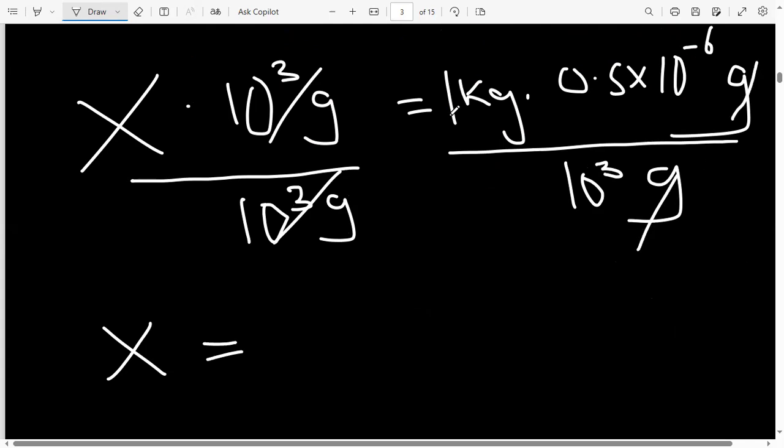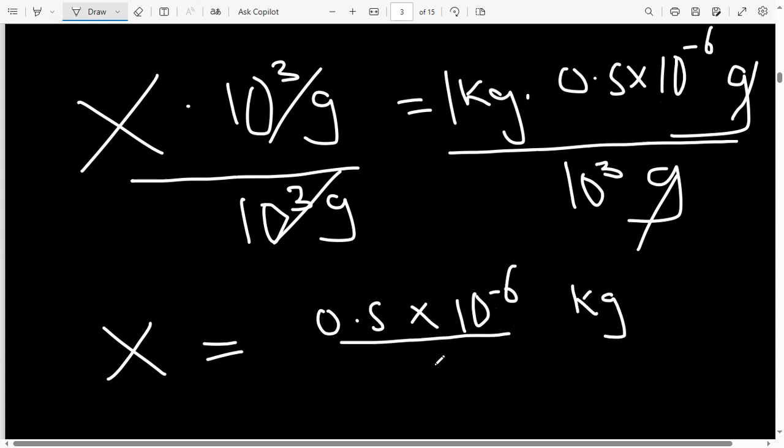And then I have 1 multiplied by 0.5 multiplied by 10 to the power minus 6, and then I have a kg at the end. So 1 multiplied by this is the same: 0.5 multiplied by 10 to the power minus 6 kg, and then I'm dividing this by what? 10 to the power 3.